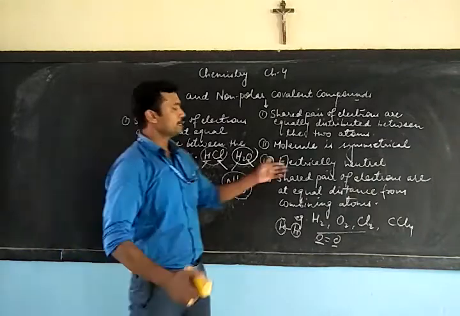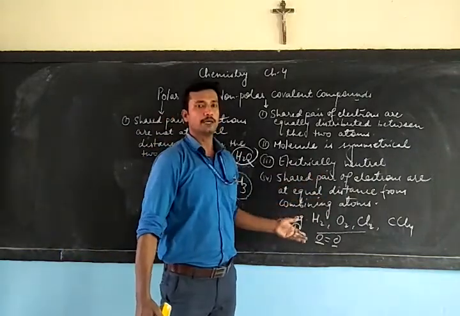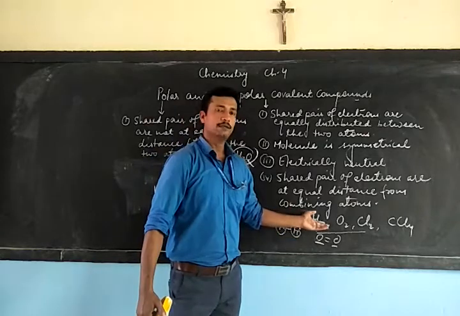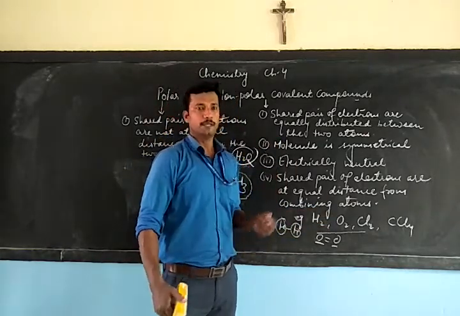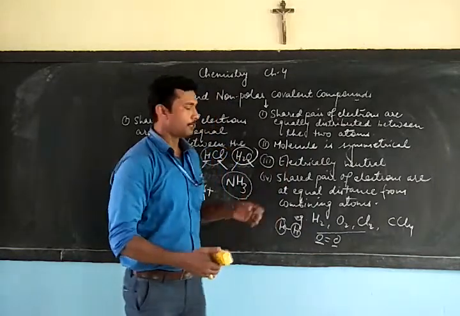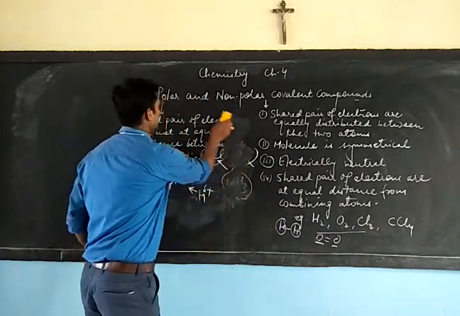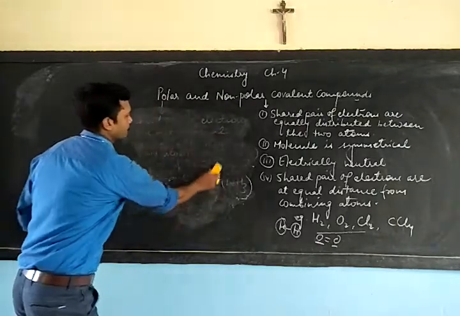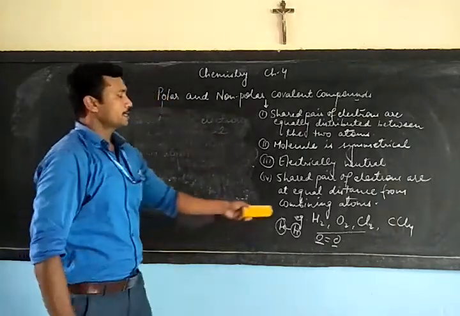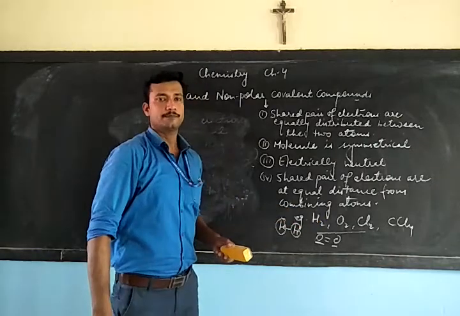But when we come to this side, that is non-polar covalent compounds, we find the shared pair of electrons lying between the two atoms. Let us see. We can see the example of hydrogen first.